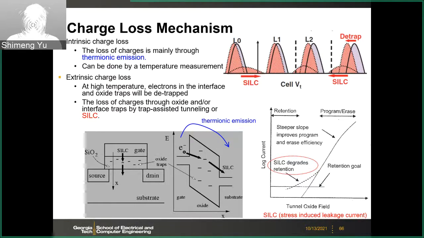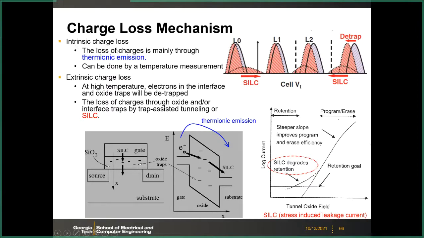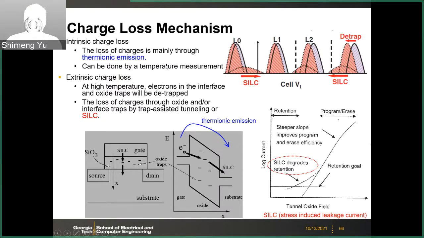Even in the fresh sample, you have the electrons in the floating gate, and at very high temperature, due to the thermal vibration, the electrons may jump out from the floating gate, especially at higher temperature. So this is the intrinsic charge loss. This is thermally driven. At high temperature, your NAND flash will tend to lose your data.